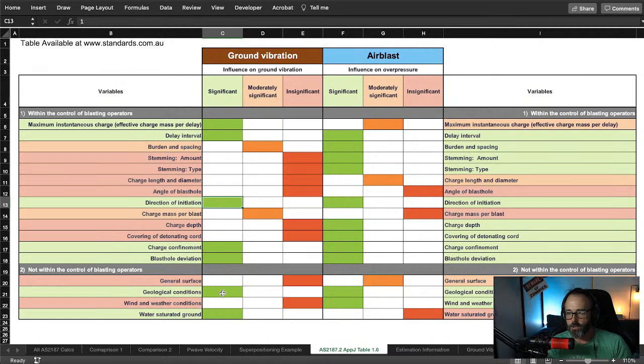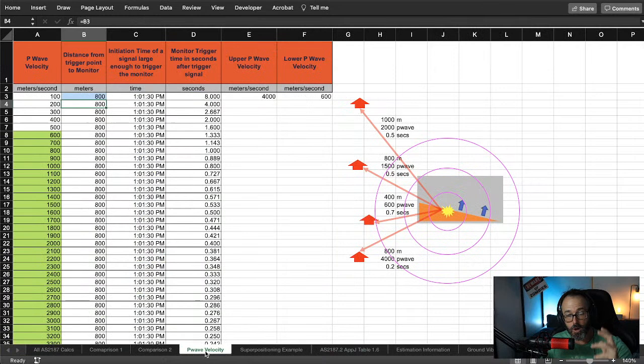You can't control whether it's iron or whether it's waste. So these things change, this geochemical construction, they alter the speed at which the wave travels through the ground, and that's what P wave velocity is. It's velocity of the primary wave. Here we have an example.